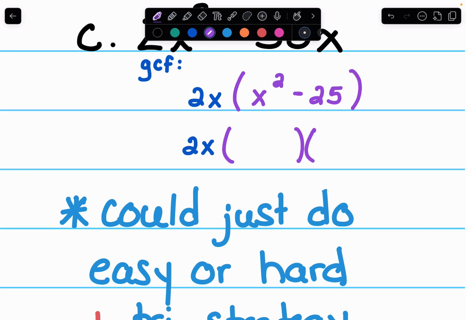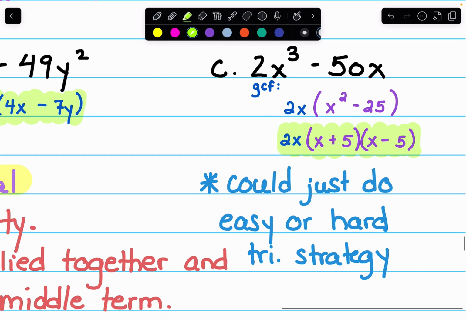I can say, okay, this is x and x, 5 and 5, one gets a plus, one gets a minus. So you might have to factor something out and then look inside and you have the difference of two squares. That's the same as factoring something out, looking on the inside, and you had an easy trinomial or a hard trinomial, okay?